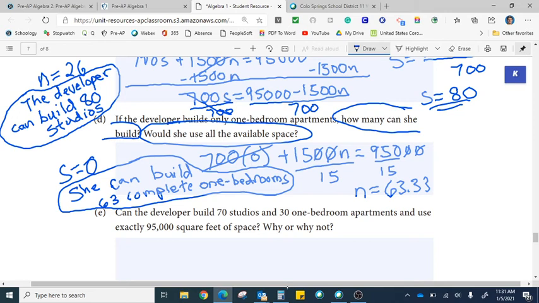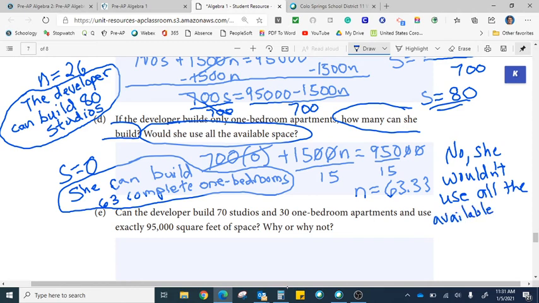Would she, the second question, got to answer that second question, would she use all the available space? So there's 0.33 left over, so the answer to that question is no. She wouldn't use all the available space. Okay, there's a little bit left over. Make sense?